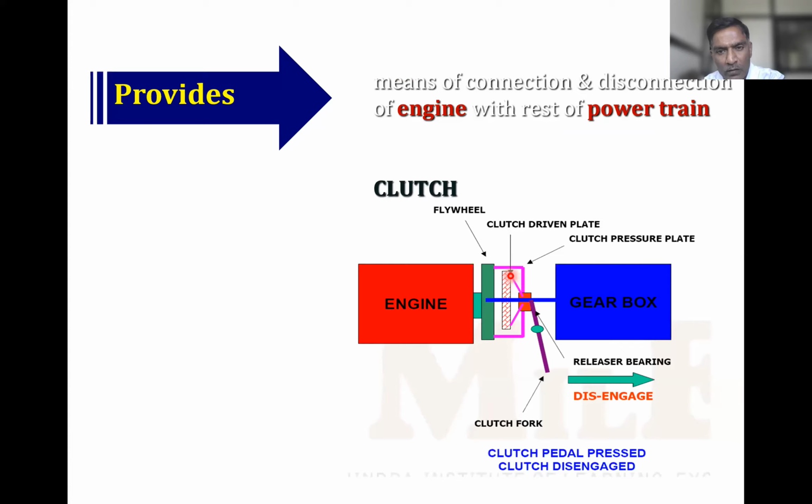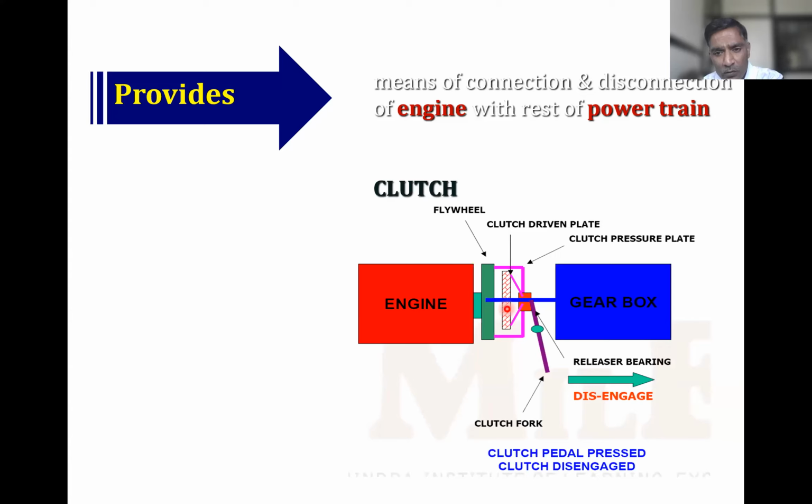This blue one is the pressurized springs, which are used to apply the pressure on the clutch, that is the driven plate. And this one is the clutch fork. This bearing, the one shown by the red color, is called a releaser bearing.